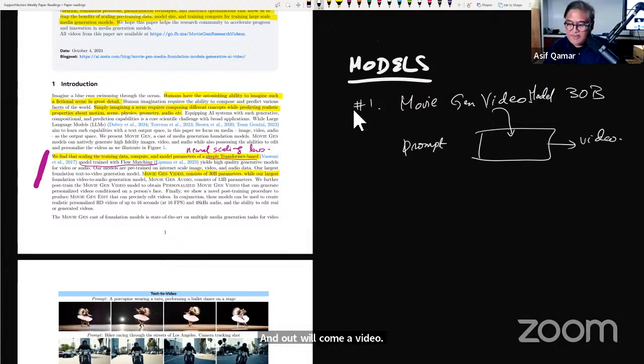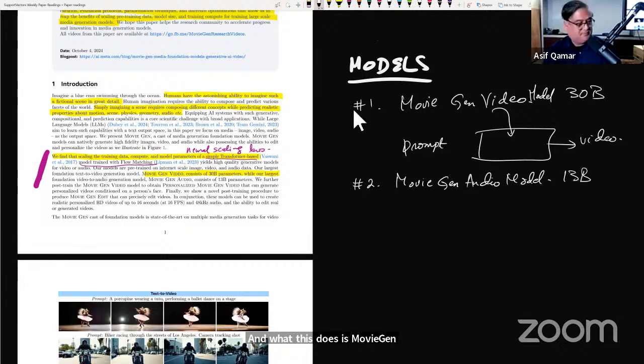Then they also have a Movie Gen Audio model, 13B.